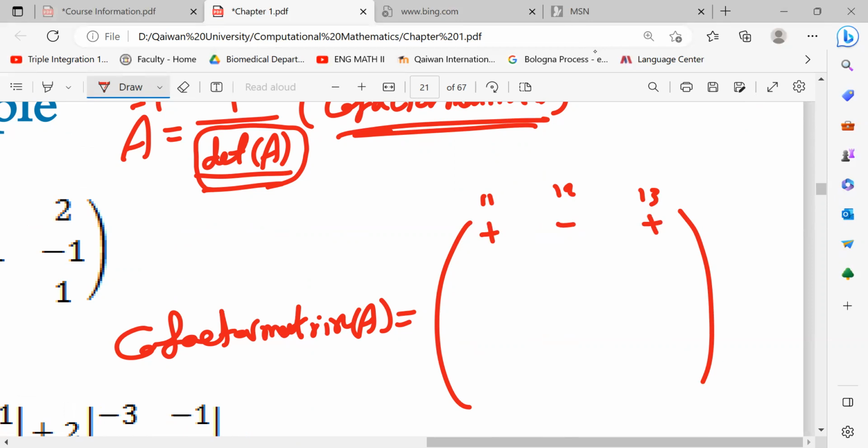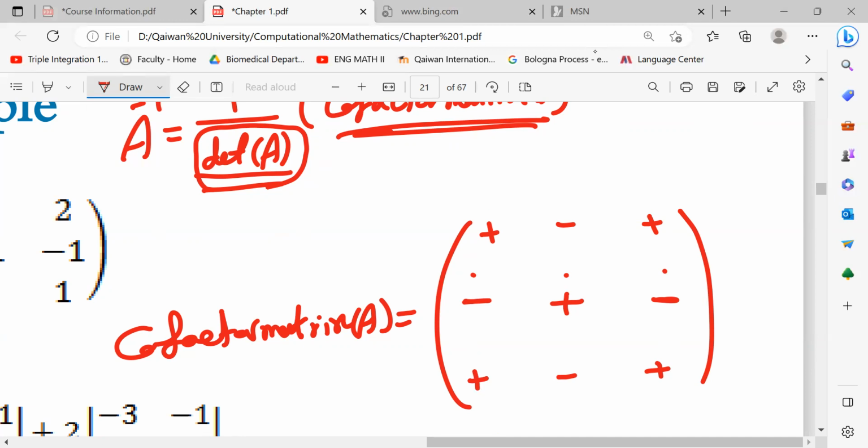Then, for this one, 2,1, 2,2, 2,3, the sign of this element is negative. This one is positive. This is negative. Then 3,1, 3,2, 3,3. This is positive, negative, positive. You should know these signs. And also, you can start from positive, then negative, positive, negative, positive, negative, positive, negative, positive. Okay? That's all.